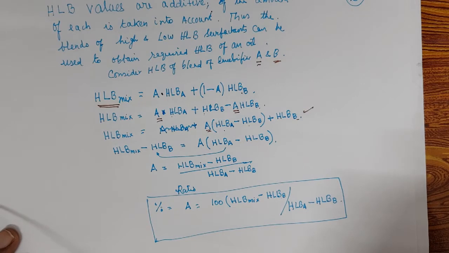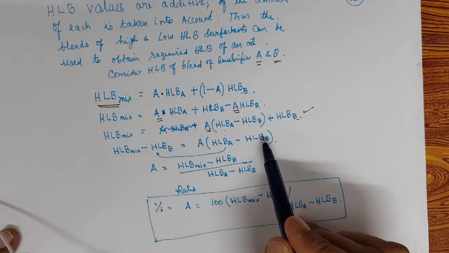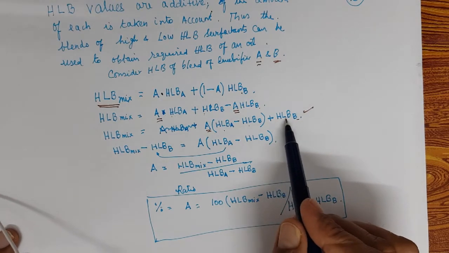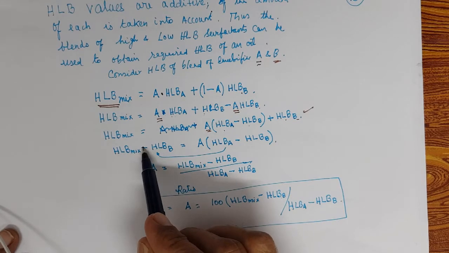Right? So now HLB of the mixture, bring this HLB B this side. It becomes minus.